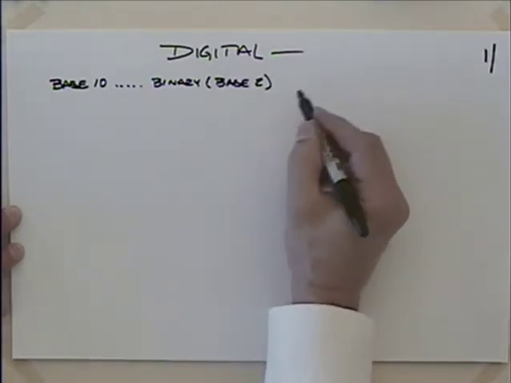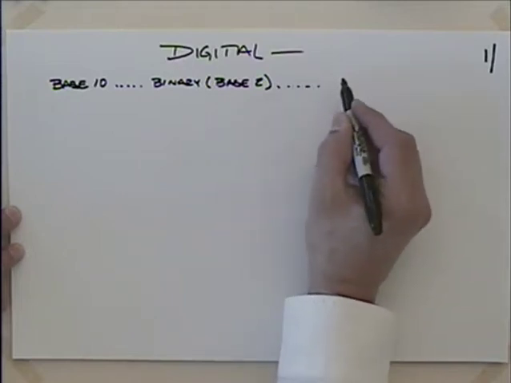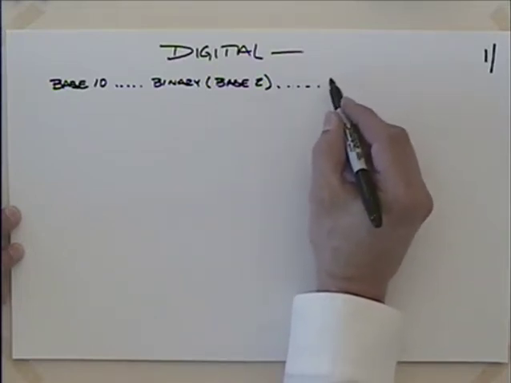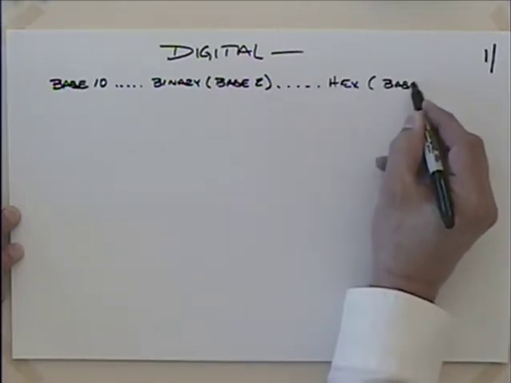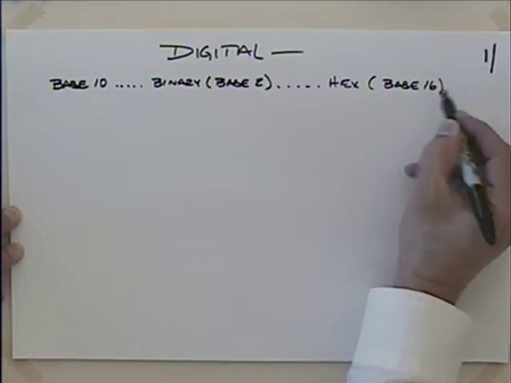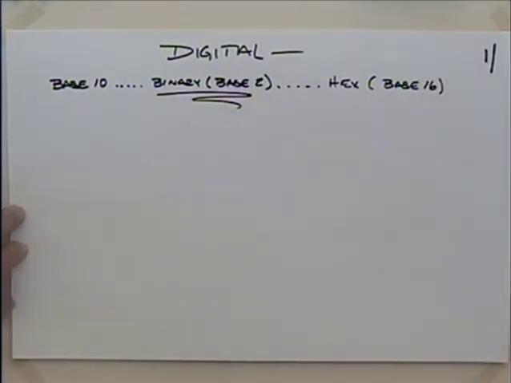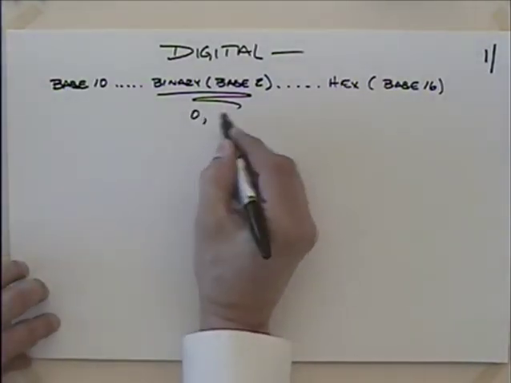We might talk about hexadecimal just a little bit in passing. You'll use that quite a bit if you do a lot of computer work, which is base 16. Most of our work, like I said, will be binary. That makes sense, either a 0 or a 1.